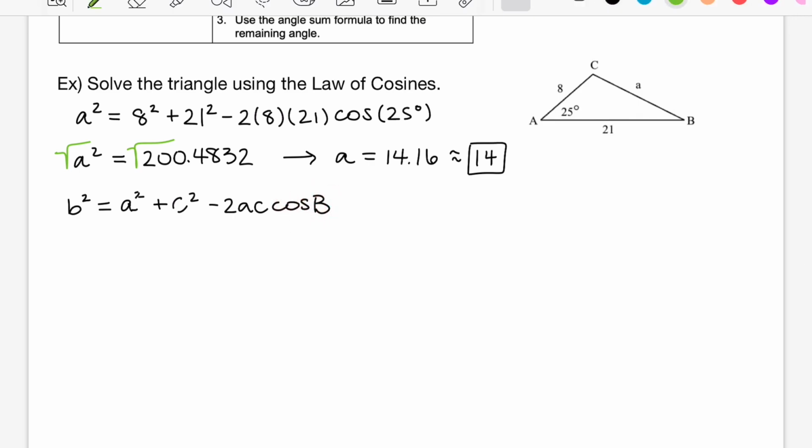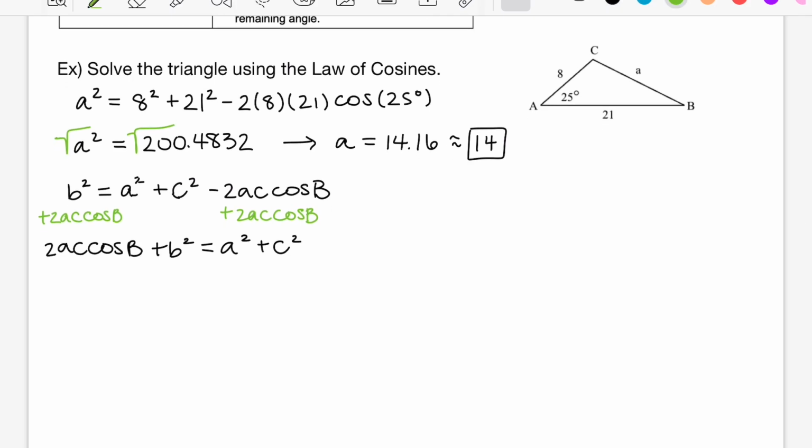We can do that by adding this term on both sides. So we'll end up with this on the left-hand side, and then A squared plus C squared on the right-hand side here.